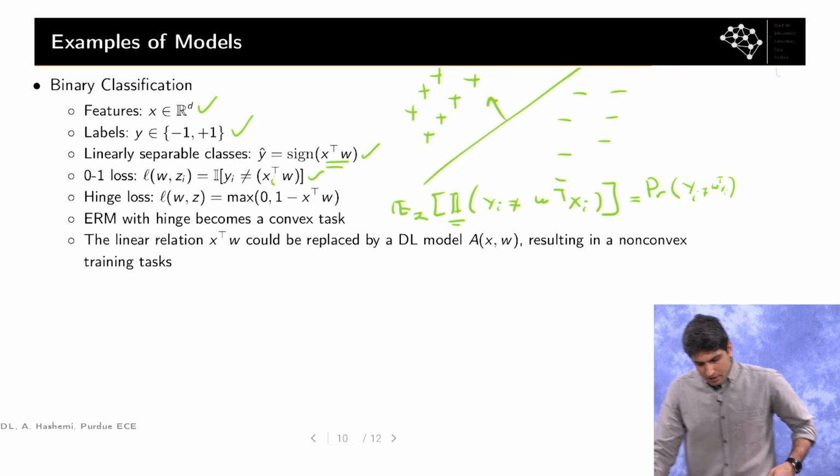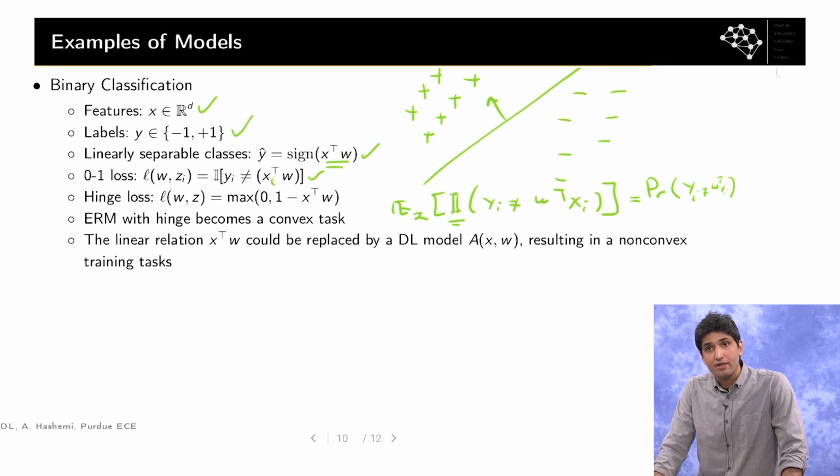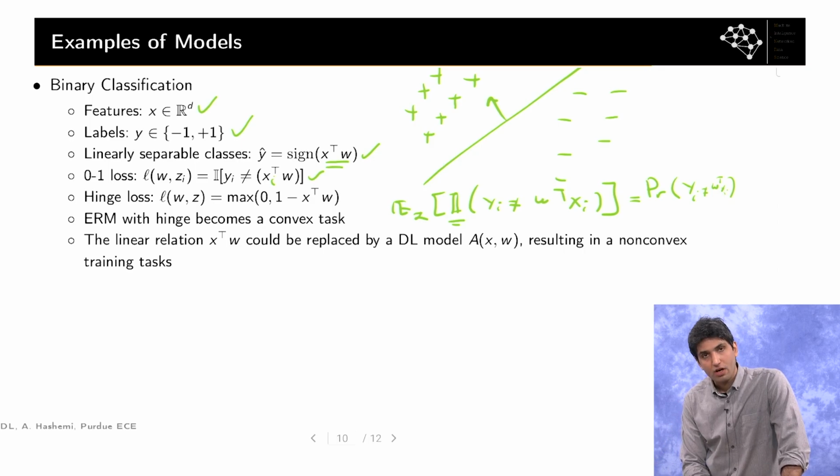All right. Now, although this is very intuitive, one issue with that is that it's going to make the training difficult. We talked about convexity and the fact that convex functions are nice and can be optimized efficiently. The issue with this 0-1 loss is that it's not going to lead to a convex optimization problem.